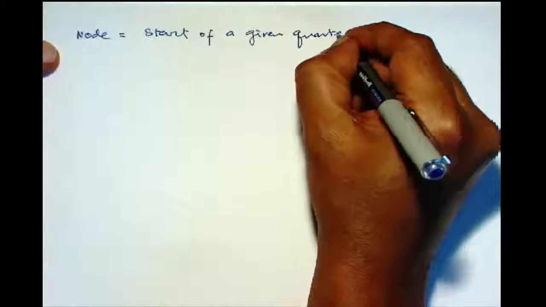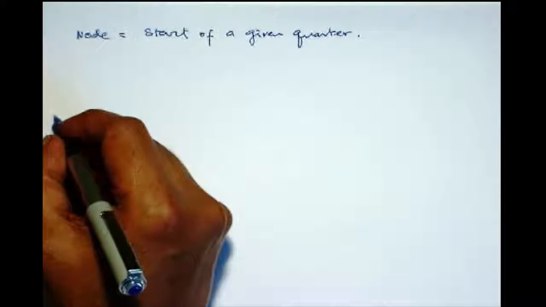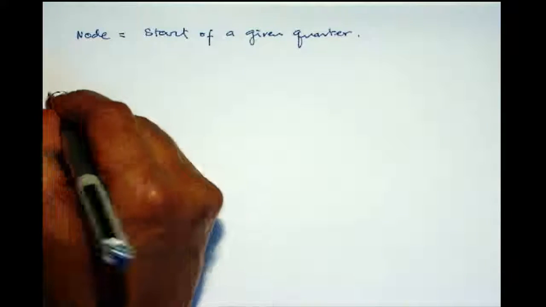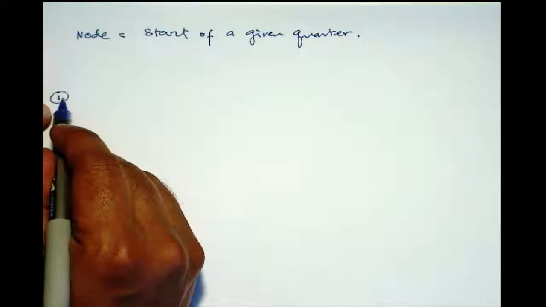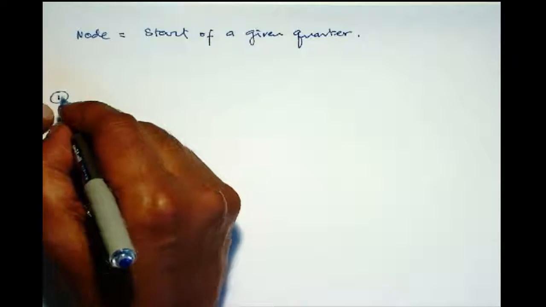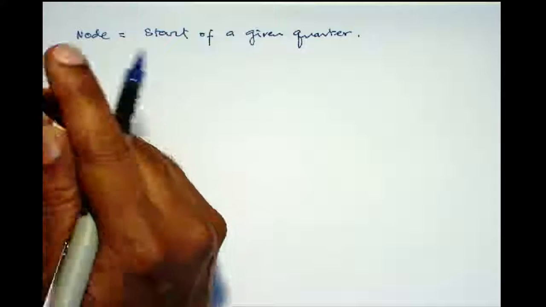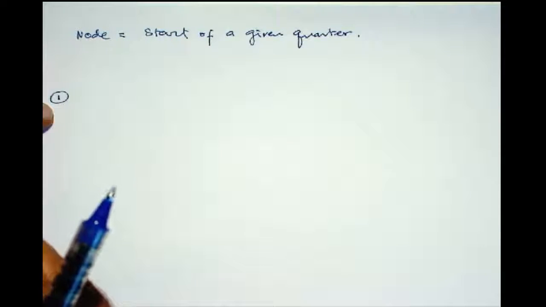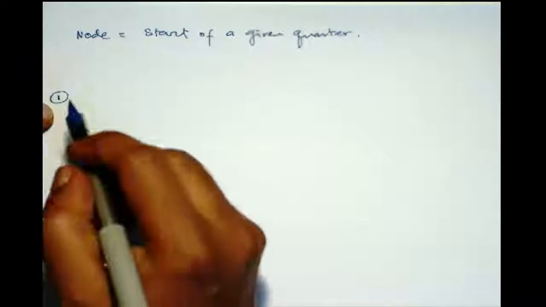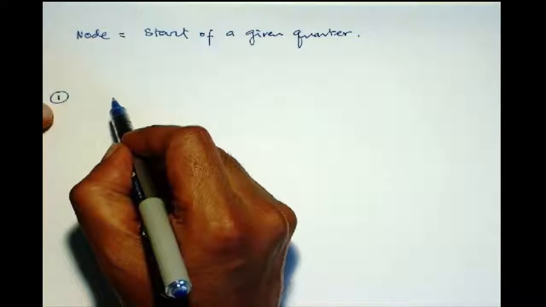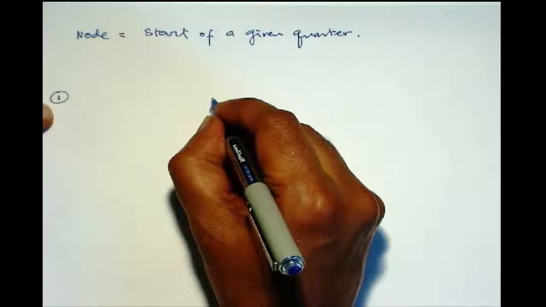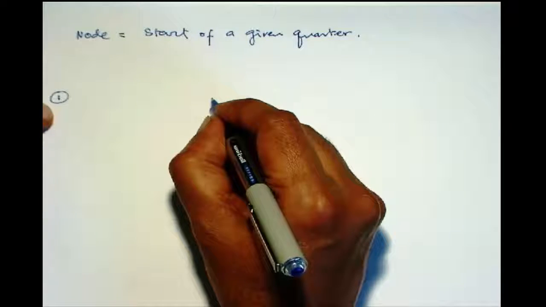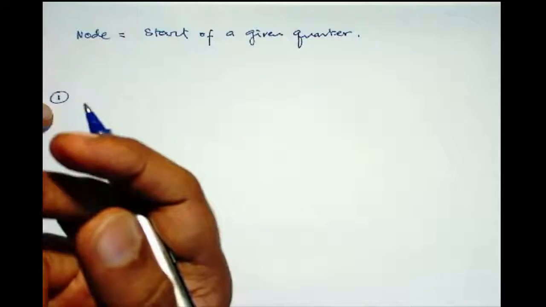So if you have 1, that's the beginning of the first quarter. If you buy a machine in the beginning of the first quarter, remember we have to keep it for at least 1 year. So that means the first time we can sell is the beginning of quarter 5, because 1, 2, 3, 4 is 1 full year and 5 is the beginning of quarter 5.